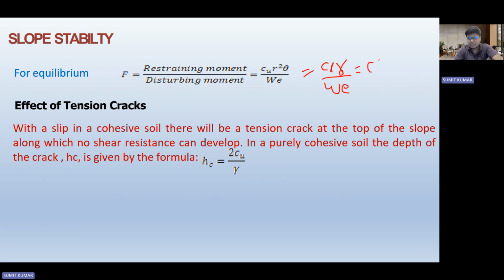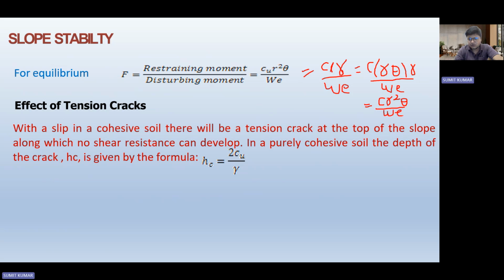So C into L is equal to R theta into R by WE. Hence, this becomes C into R square theta by WE.